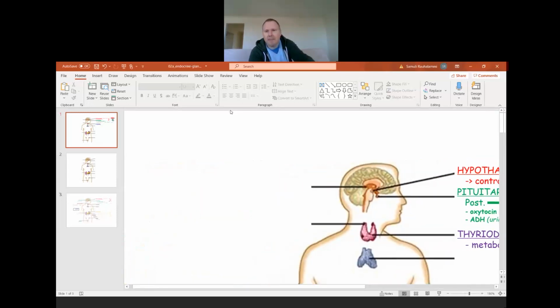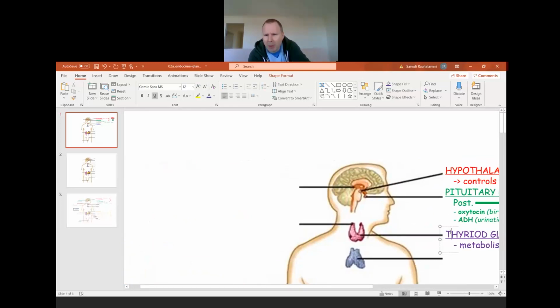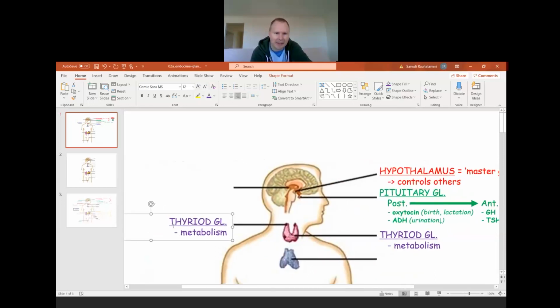Within the thyroid gland, we end up seeing small dots there. And these small dots that we see within the thyroid gland, I hope I didn't move too fast. I'll go back there a little bit so you're able to see. These small dots are known as parathyroid. So parathyroid really does a bunch of things.